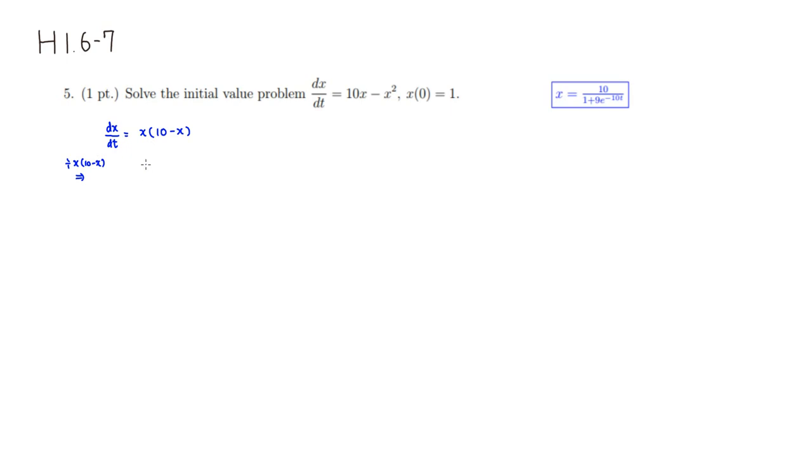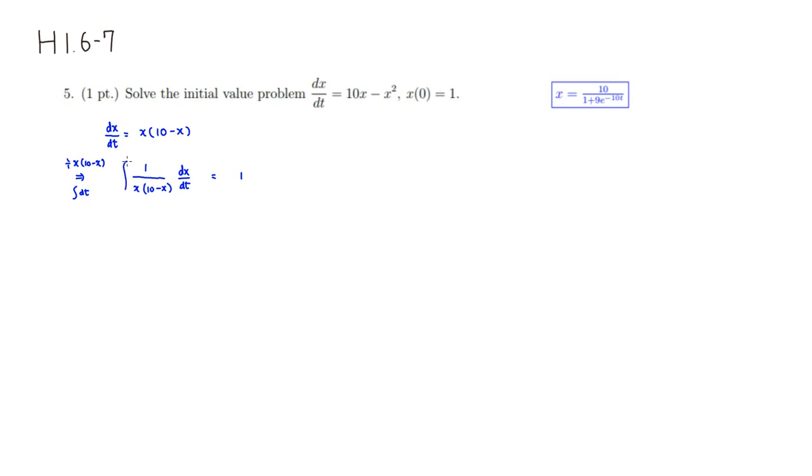So we're going to get the 1 over x times quantity 10 minus x, dx over dt. This is equal to 1. Right? Then we want to integrate both sides with respect to t.